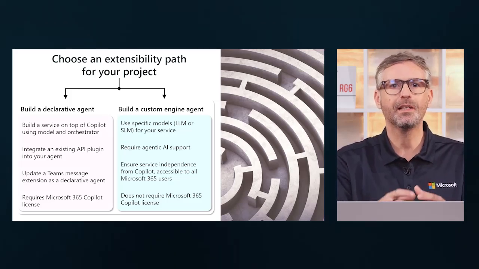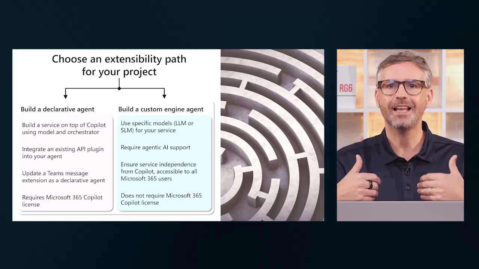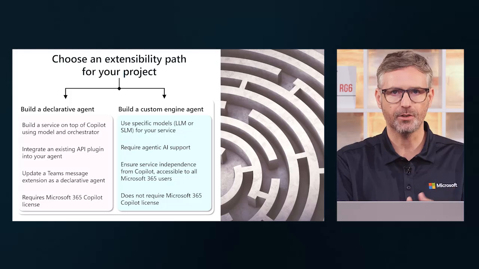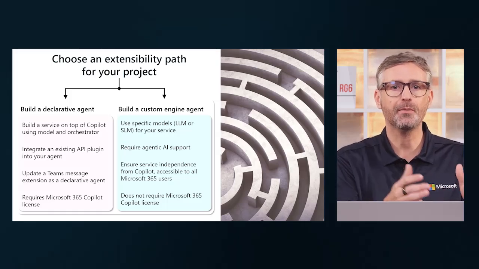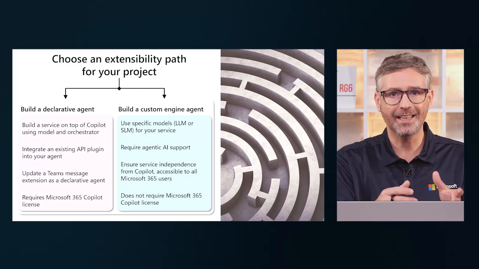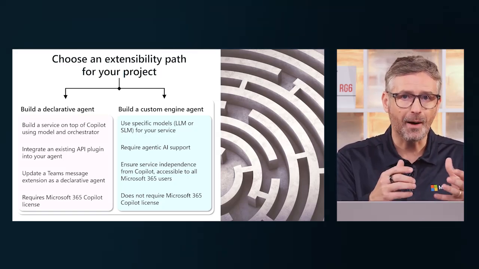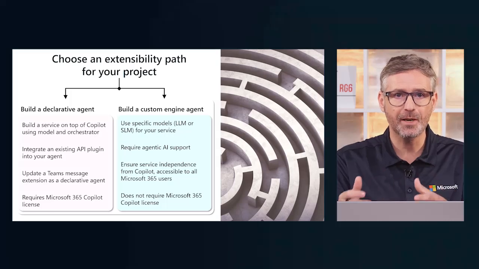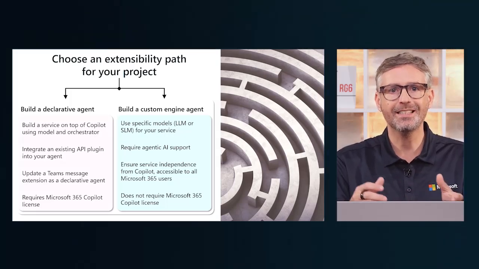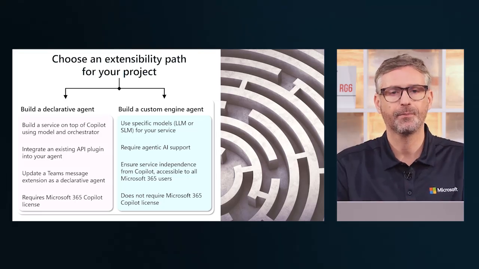First, you want to build a service on top of Microsoft 365 Copilot utilizing Copilot's model and orchestrator. Or you have previously built an API plugin so that you can now plug it into your agent. Or you have prior experience in building a Teams message extension so that you can just update it as a plugin.